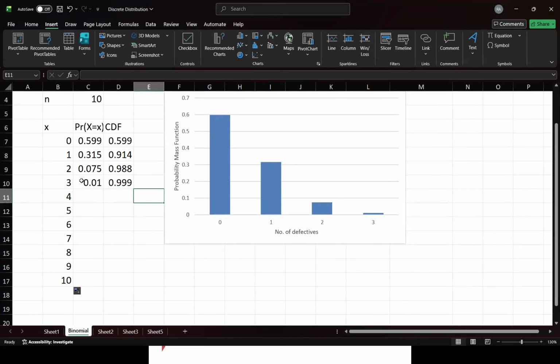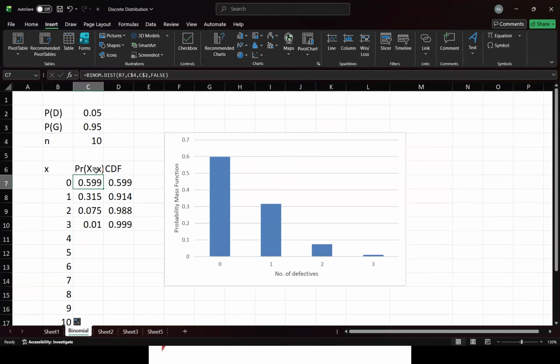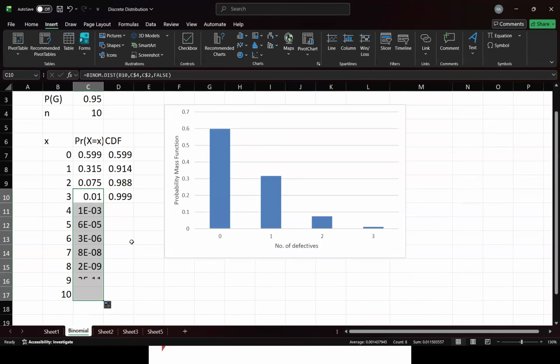So if we move on to calculate the binomial distribution, we will find that we can further go for the smaller values.